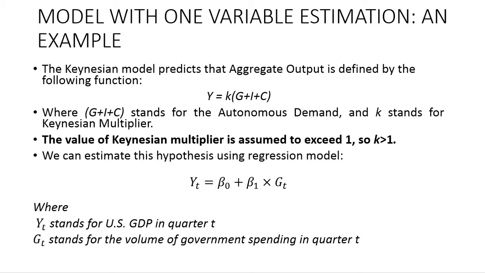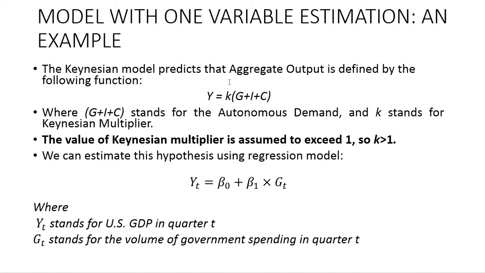And as I told you before, the design of an econometric model is based on some piece of economic theory. So the Keynesian model predicts that aggregate output, or GDP, denoted as Y, is described by the following function: K in brackets G, which stands for government spending, I, which stands for private investment, and C, which stands for consumption expenditure.